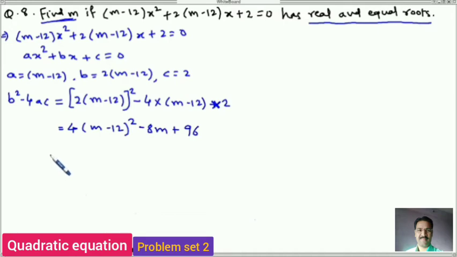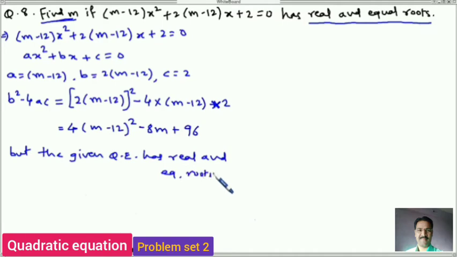Now just try to observe here. This given equation has real and equal roots. This one keep as it is. But the given quadratic equation has real and equal roots.